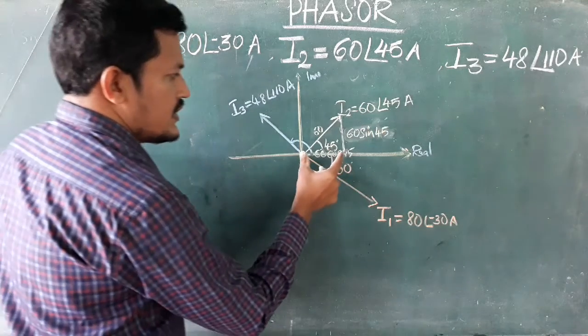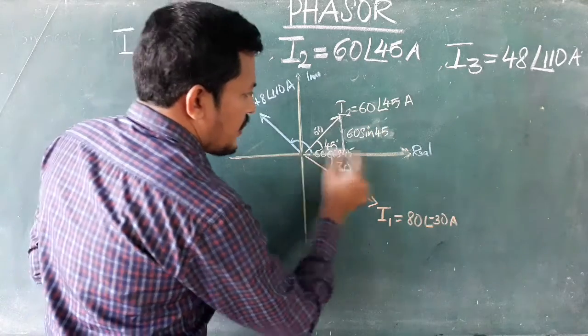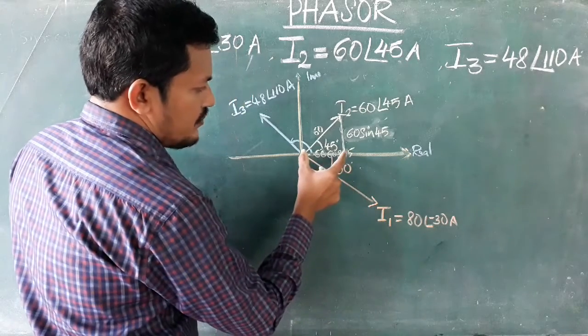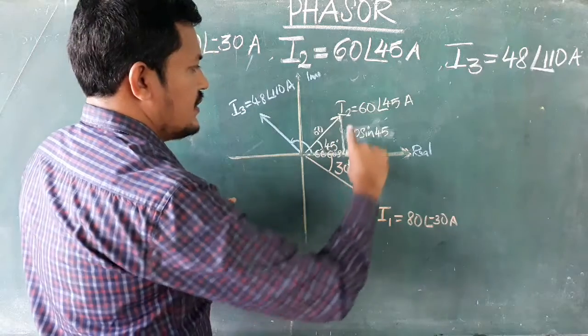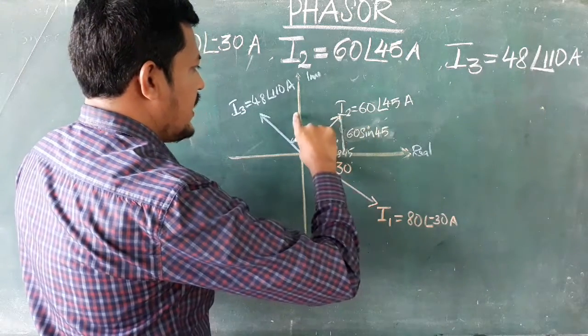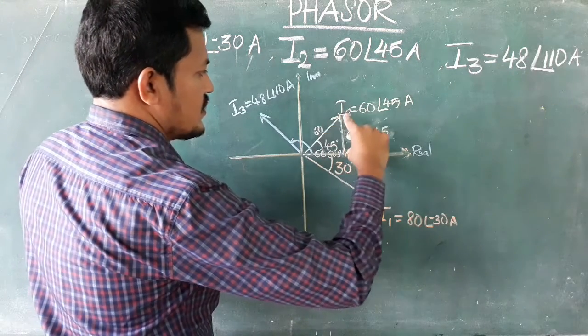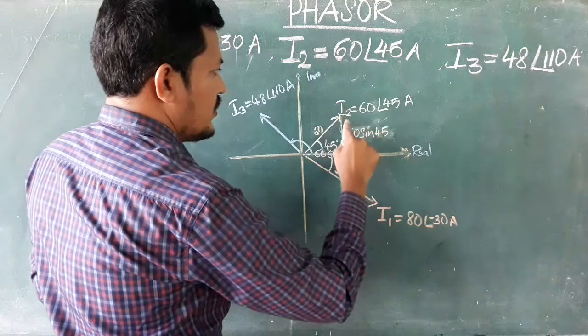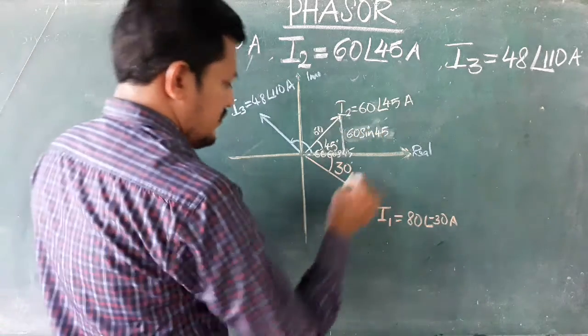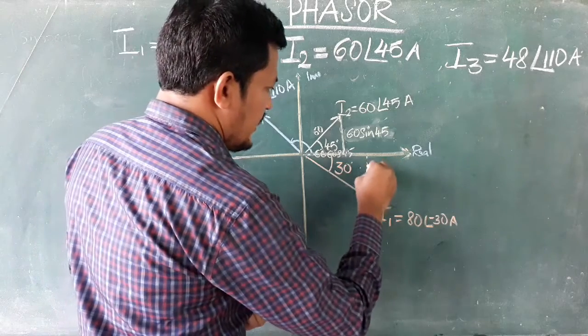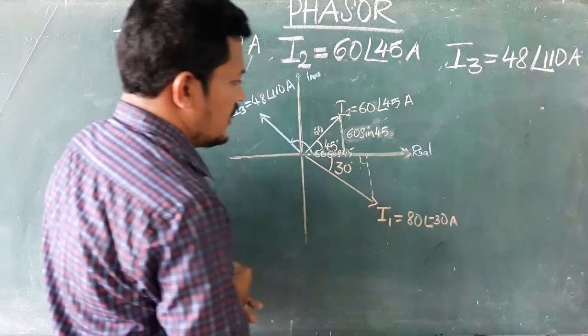So now this 60 cos 45 is parallel to the real axis. So this one is the x component of I2 and this one is parallel to the y axis. So this one is known as the y component of I2. Similarly, we can write I1. So taking the right angle triangle, this one is 90 degrees.